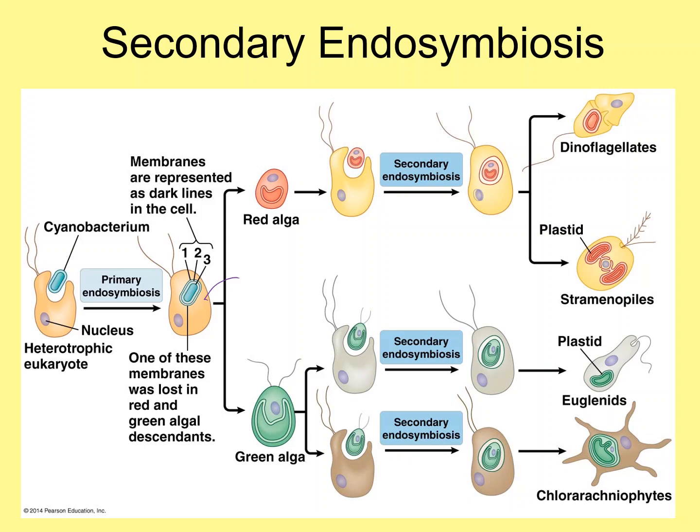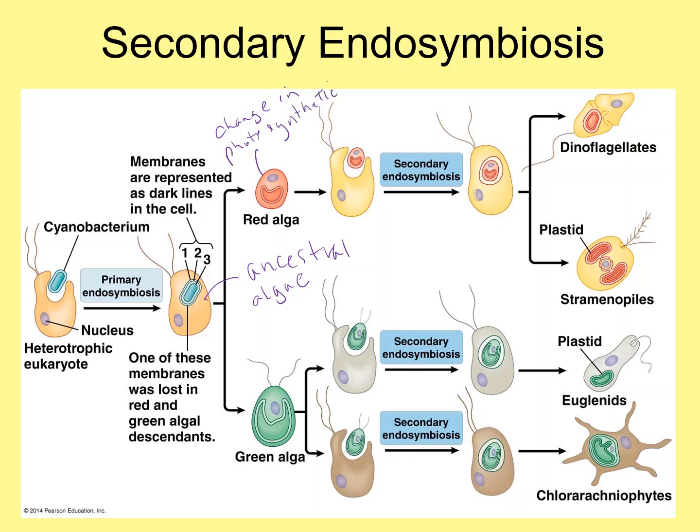And then you have a speciation event, you have a divergence, right? And so we get one trajectory that goes to red algae, right? This is just a change in photosynthetic pigment. And these guys are still using chlorophyll A and B.